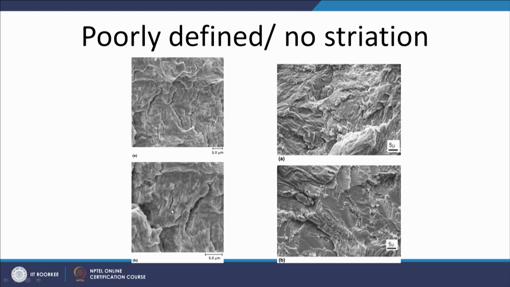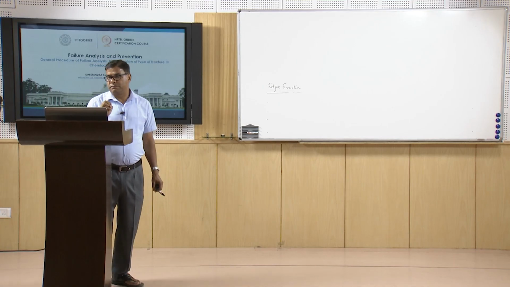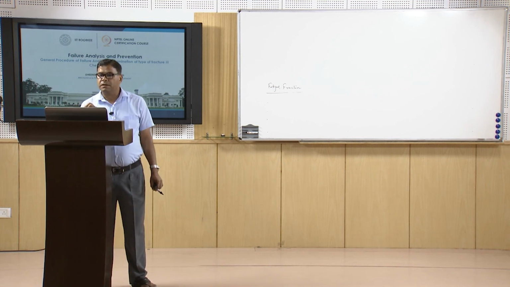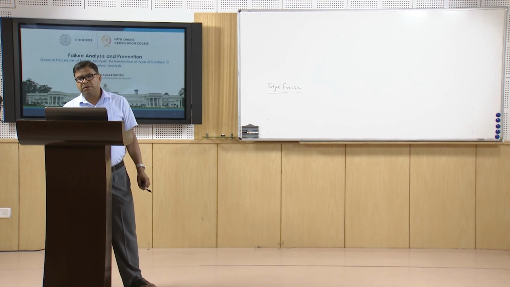Such lines indicate the possibility of striations, but they are not very properly defined on the fracture surfaces. Sometimes, if the material is very complex in terms of phases and compositions, it may not be possible to establish the presence of the striations so clearly.